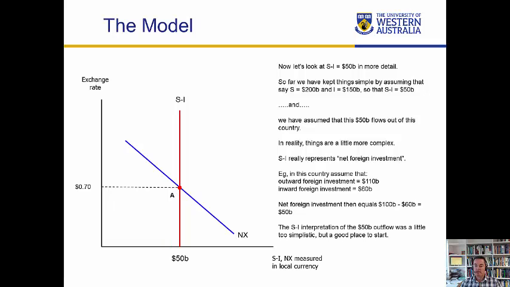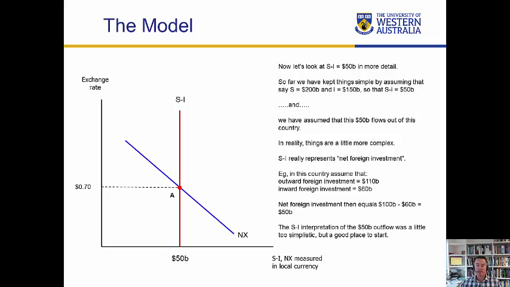As I said at the start of this slide, by just assuming that this country saves 200, invests 150 and sends the other 50 billion overseas, that really can lead you to believe that there is no foreign investment money coming into this country. And that is not going to be the case. Every country around the world has investment money coming into its economy and investment money coming out of its economy to go overseas.